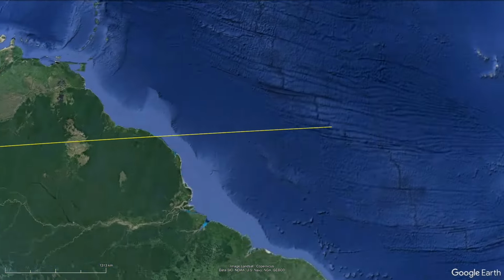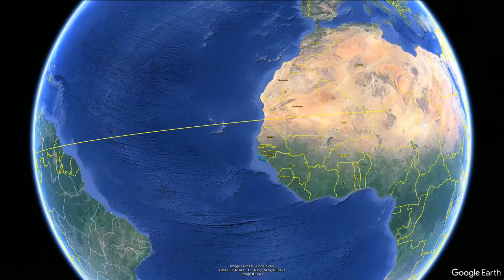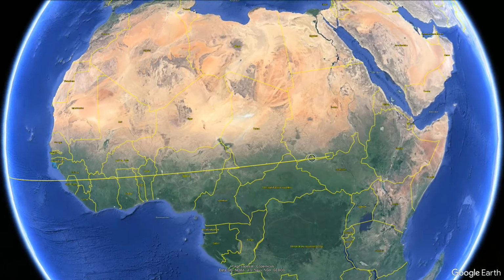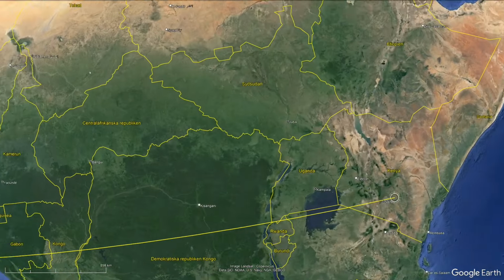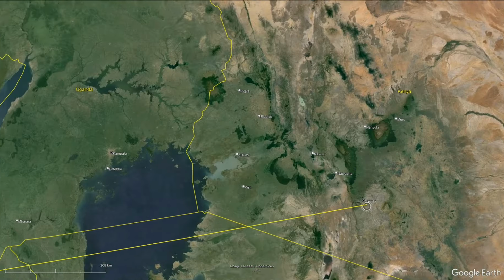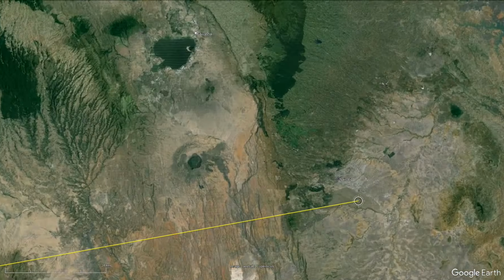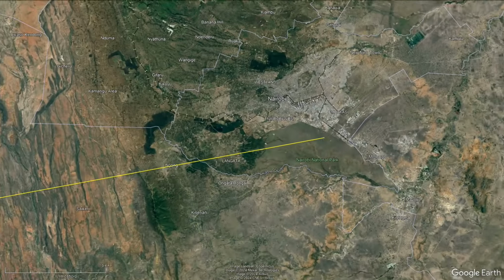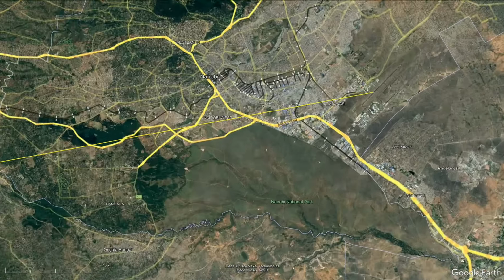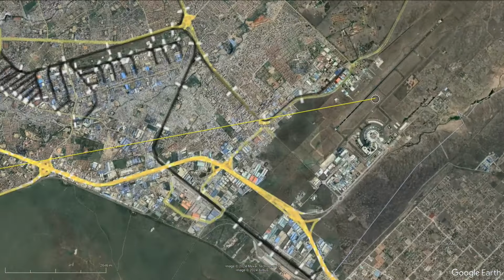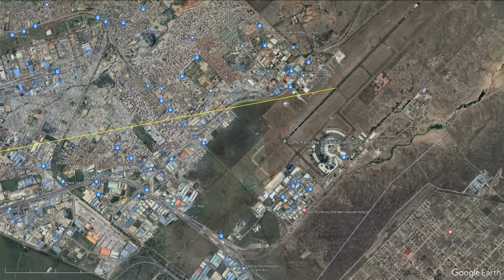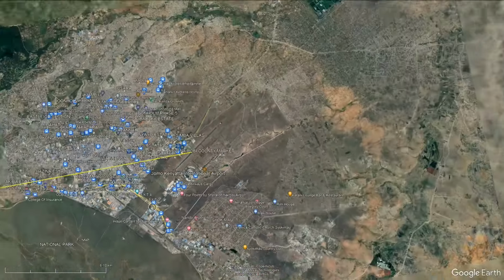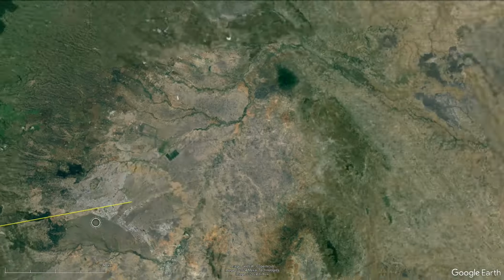The Amazon, and over the ocean, and somewhere here. No, here, Kenya. Let's see. Where is the airport? There. Here we have the airport. Okay, let's mark that. Now we have a line between those 2 cities, and then we zoom out.